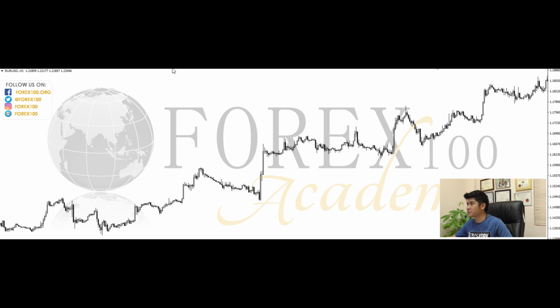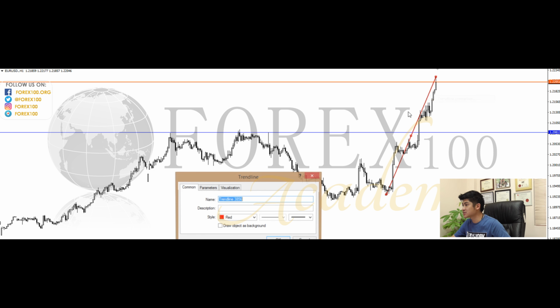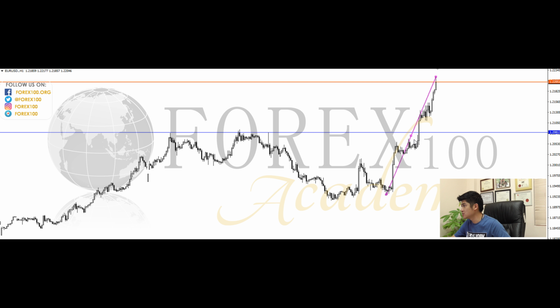Secondly, I start to build what I want to see in the market before I engage the trade. This is the previous uptrend movement that we are looking at. Let me just change to some other color, maybe magenta. Alright, so this is the uptrend movement.